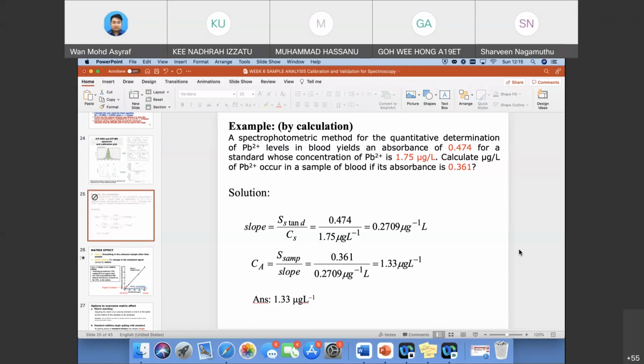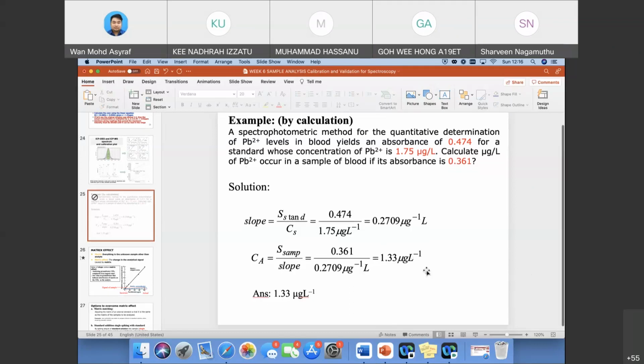So basically, this is the formula for you to use. You need to know the slope first, which is 0.474, the absorbance, divided by the standard concentration that corresponds to that absorbance. So you've got the slope of 0.2709.